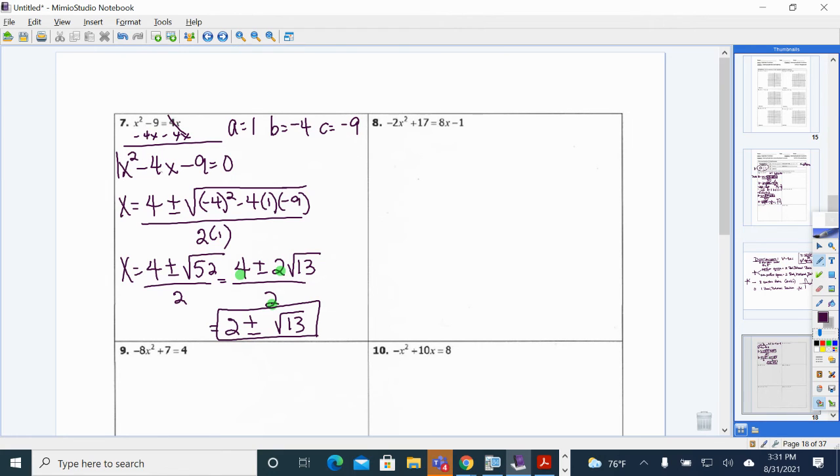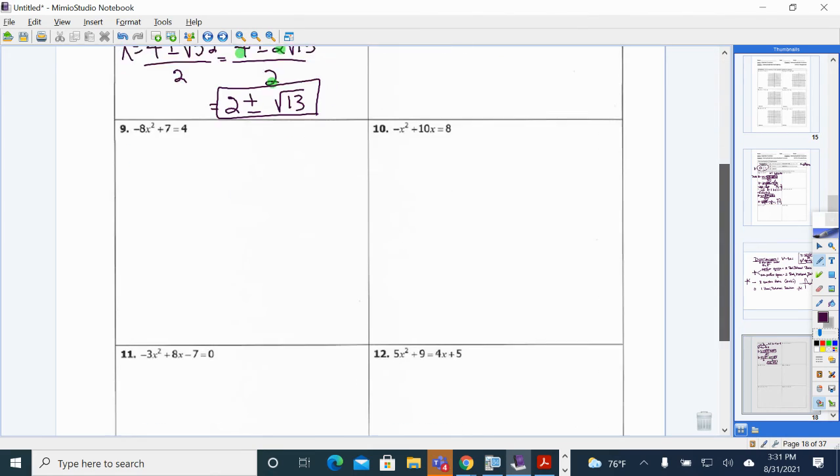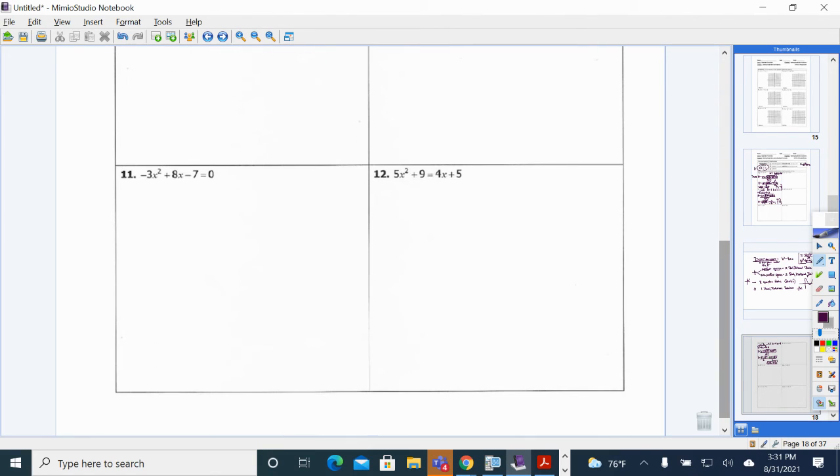Now I need to jump down to number 11. Number 11 says negative 3x squared plus 8x minus 7 is equal to 0. This one's already in standard form. A is equal to negative 3, B is equal to 8, and C is equal to negative 7.